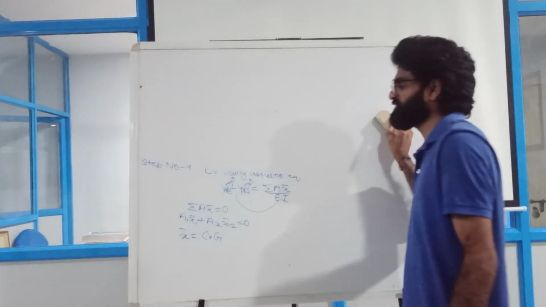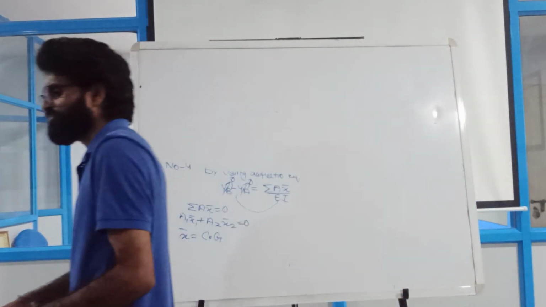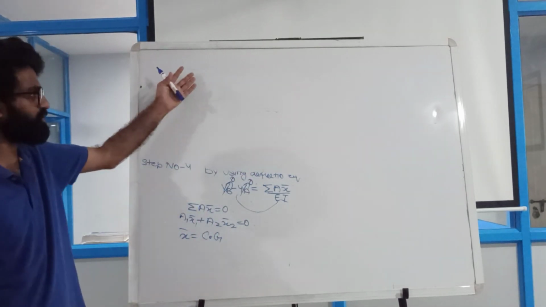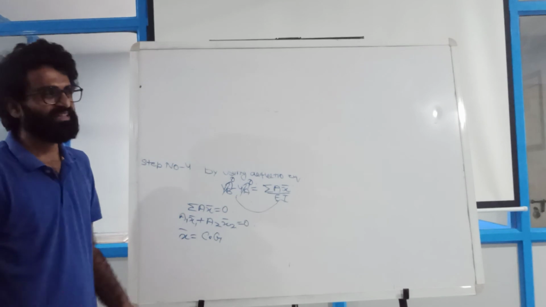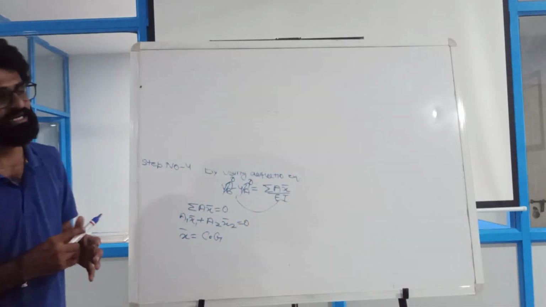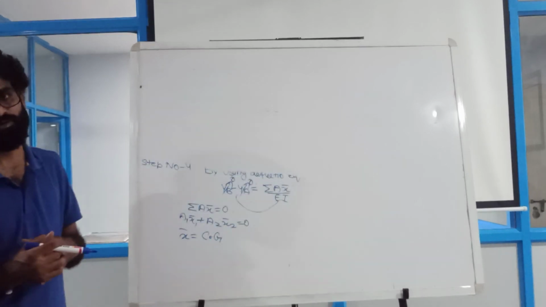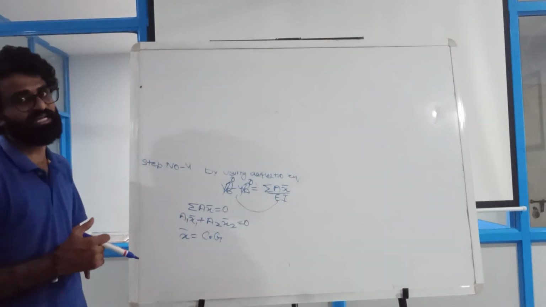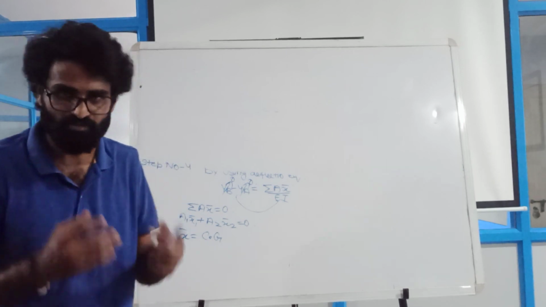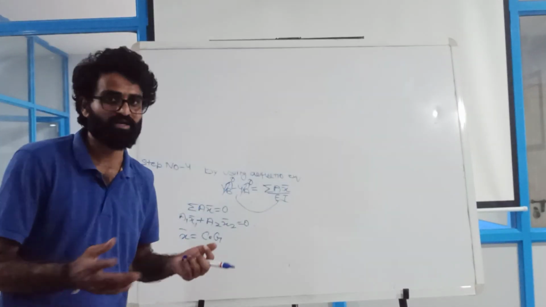The only confusing part is the part I am going to solve right now, which is a little bit confusing for students. So let us solve this part and find out what mistakes students usually make. This is very important, because most of the problems you will solve are for unsymmetric loading, not symmetrical loading.